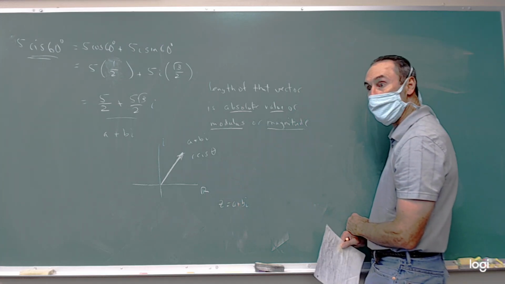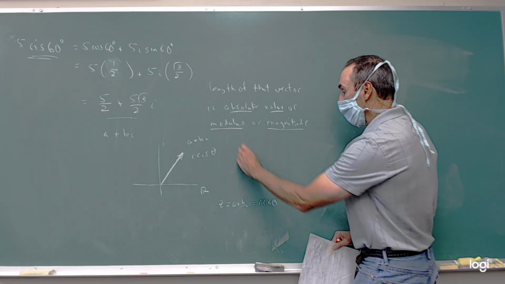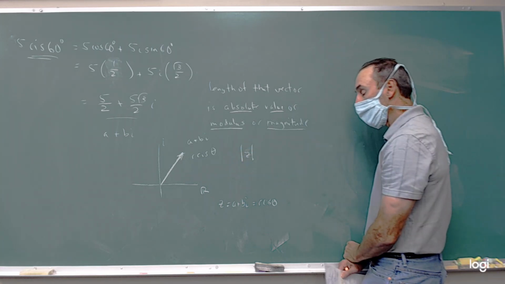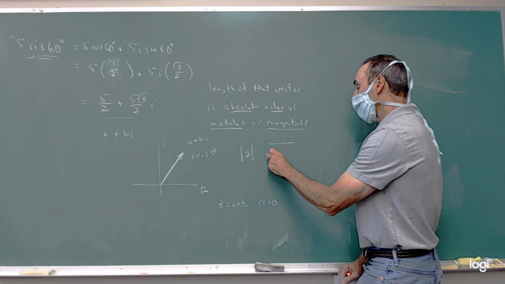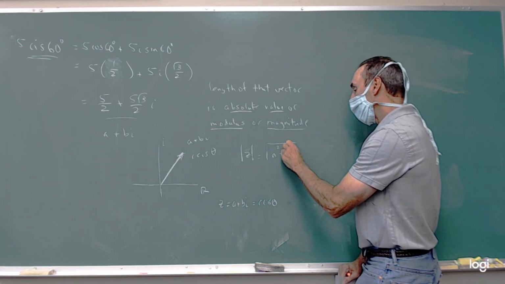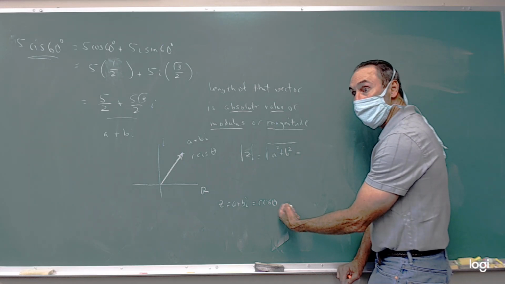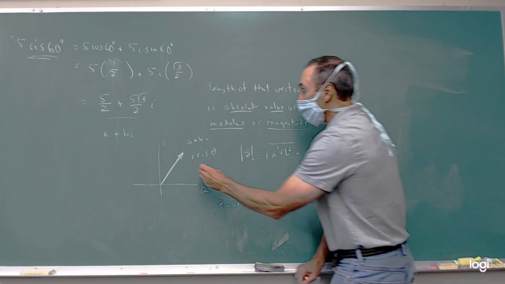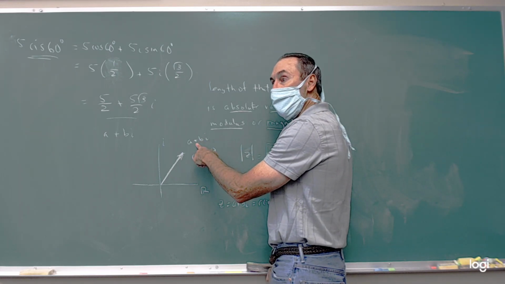So that's our a plus bi, or if we call it r cis theta, then the absolute value of z, the absolute value of that complex number, is going to be its length, which is the square root of a squared plus b squared, where the a and b come from rectangular form.